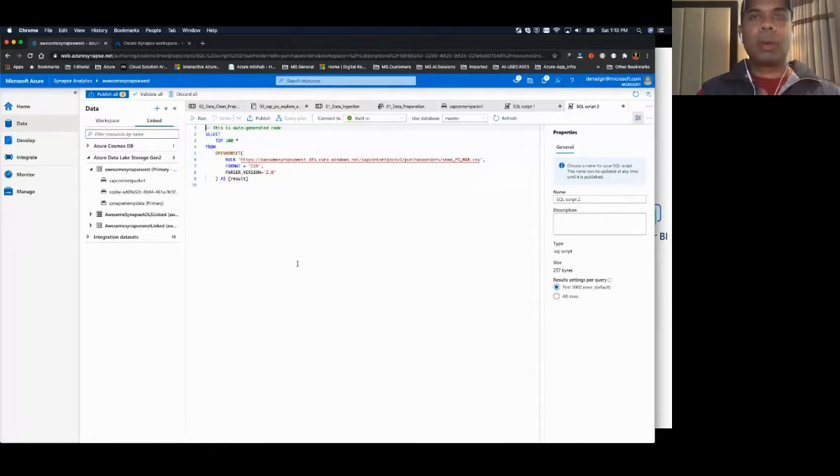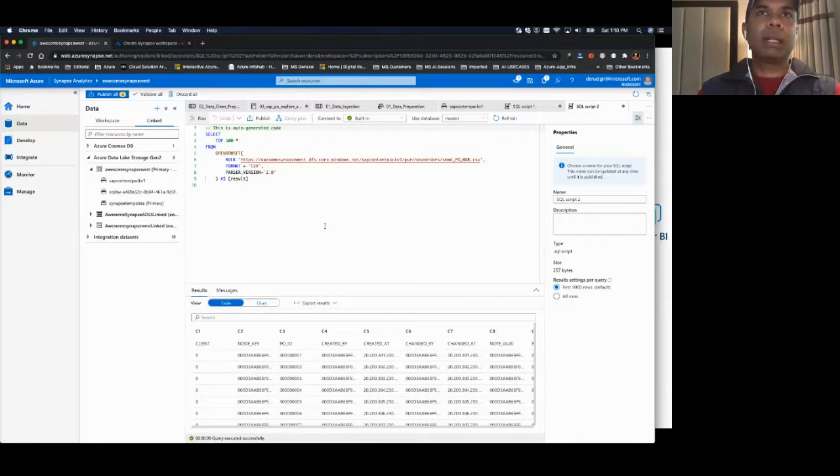The kind of knowledge that is there is phenomenal, and we wanted to look at a serverless way of executing SQL on actual files. As you can see, I'm executing a simple SQL statement on the file that I got from my SAP system, and I don't have any infrastructure whatsoever. This is like executing a query on the file, right? So SQL is a very important aspect to look at.